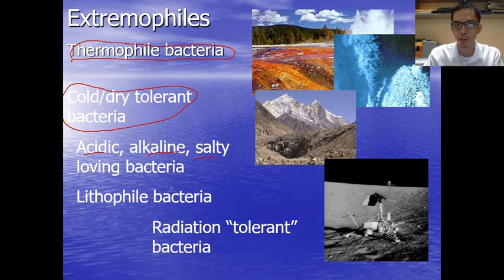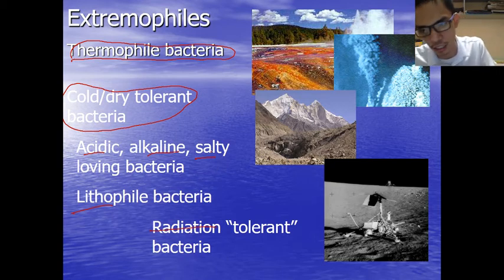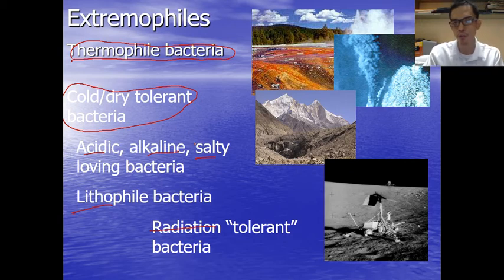Alright, so lithophile bacteria or radiation-resistant bacteria. These bacteria can live in extreme environments in which no ordinary living organism can survive. So this characteristic gave scientists the idea that living organisms probably truly originate from extraterrestrial origins.